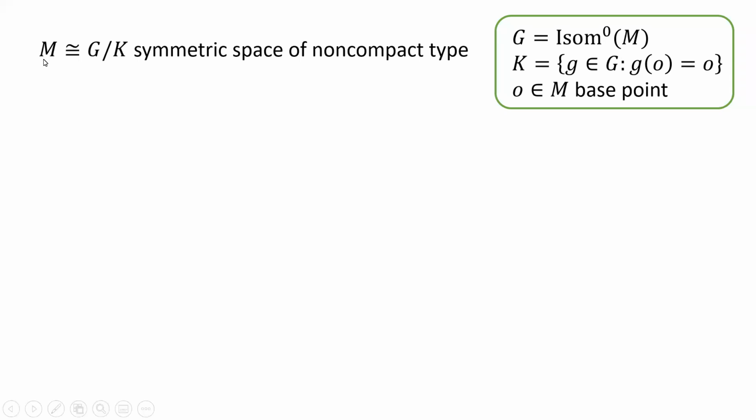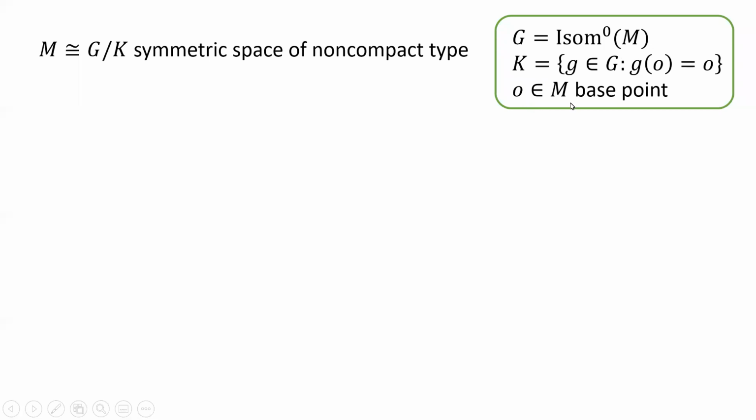Okay, so as above, let M be a symmetric space of non-compact type, and we know it admits a coset description as a homogeneous space G mod K, where G can be taken as the identity component of the full isometry group of M, and K is the isotropy in G of some base point, which is arbitrary, but we fix from now on.